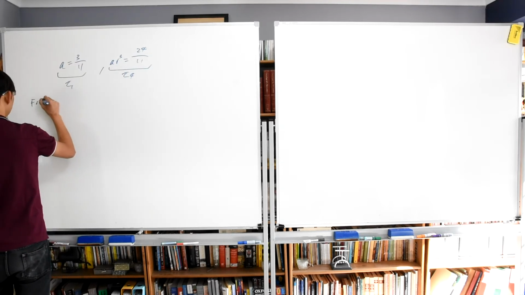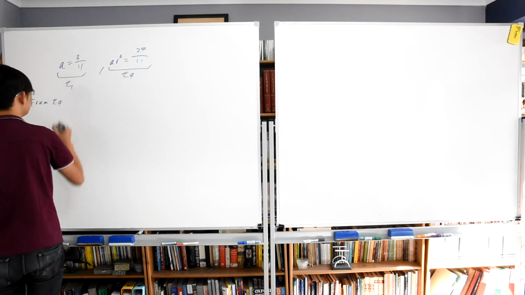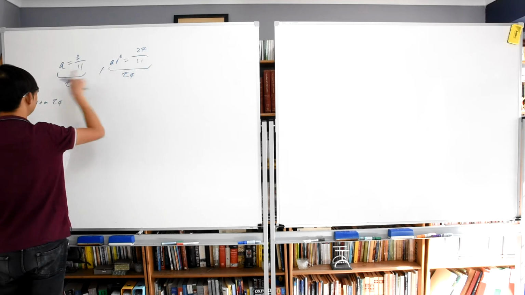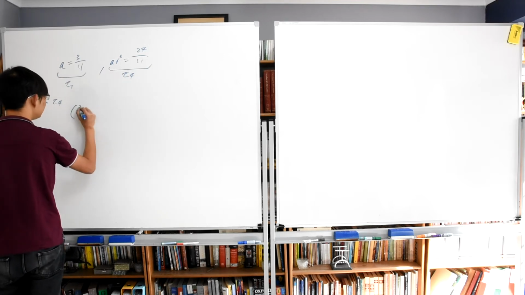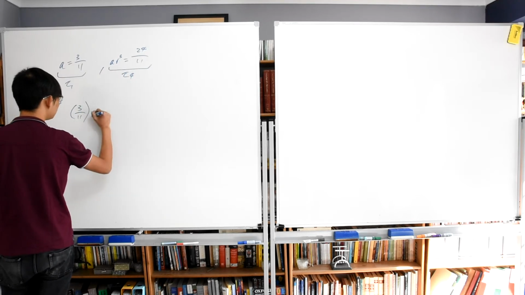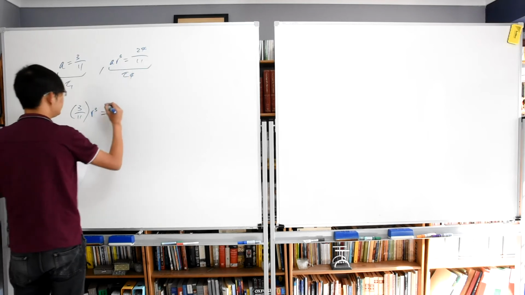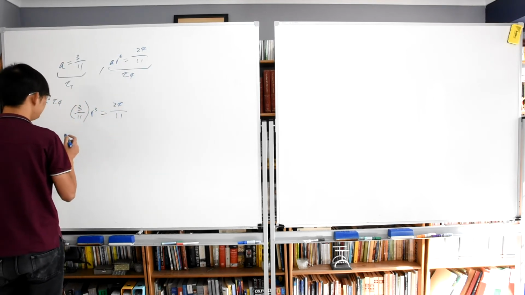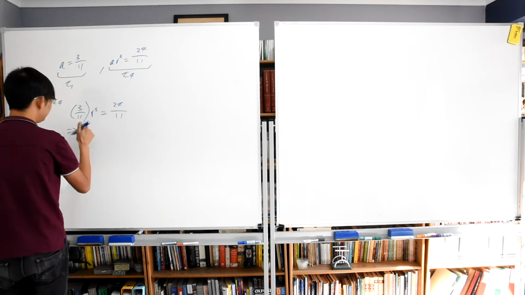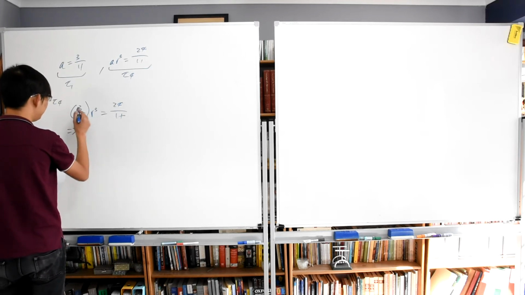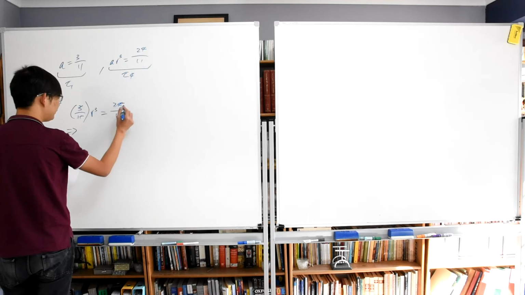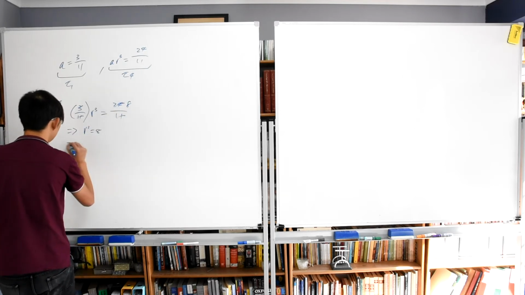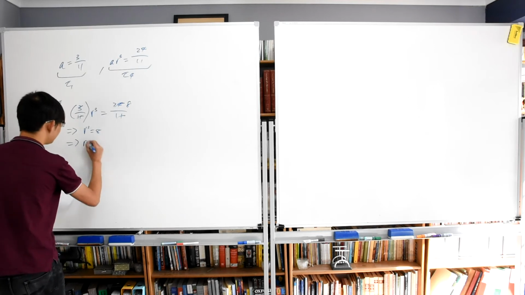From T4, we're going to have ar cubed, but a is 3 upon 11, is equal to 24 on 11. The 11s cancel off, and the 3 cancels off with the 24 to become 8. So r cubed is equal to 8, meaning that r is going to be equal to 2.